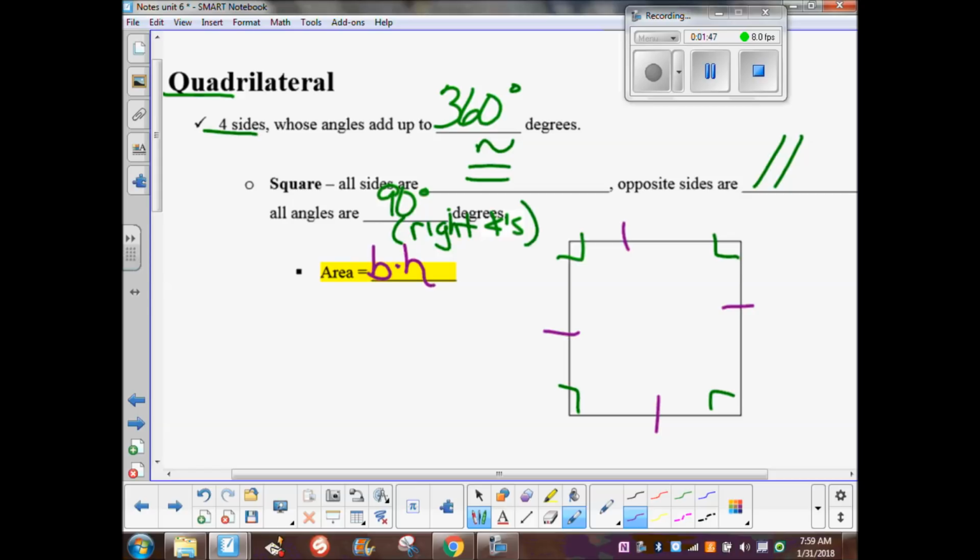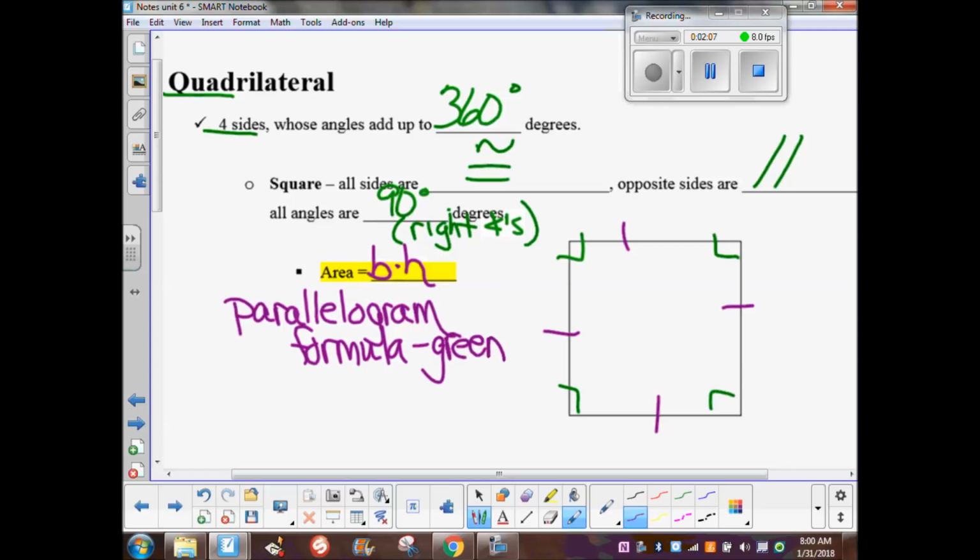So base times height. So you'll always refer to, for most quadrilaterals, the parallelogram on your green sheet, on that reference sheet. Okay, pretty simple, right?